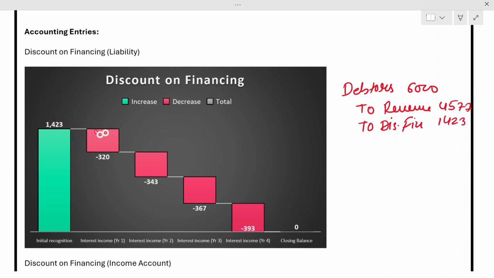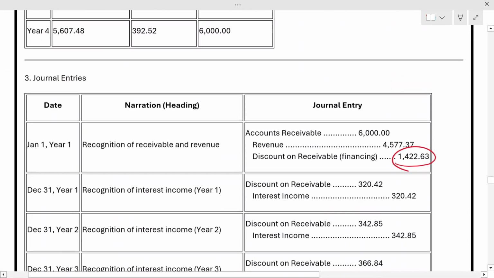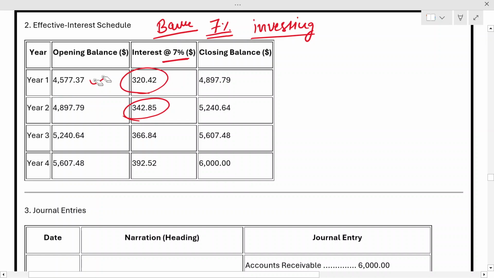In the first year, you say 1 year has been completed. After 1 year, if you have invested this money into the bank, at the end of 1 year you have 320 as interest.